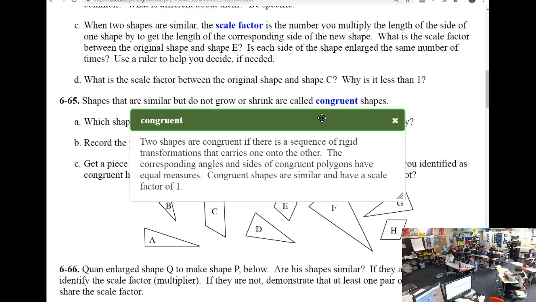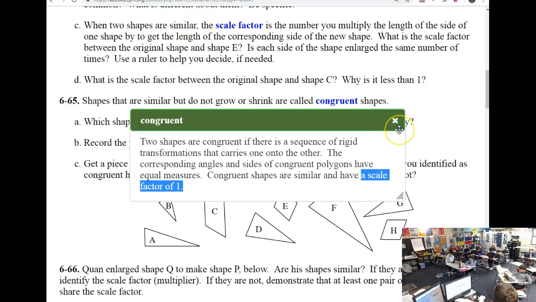Congruent means absolutely the same. Same size, it could be oriented differently, but the shape itself has to be identical. Not pointing the same way, but congruent means two shapes are absolutely the same, which means that's a scale factor of 1, right? Because multiplying by 1 does not matter.